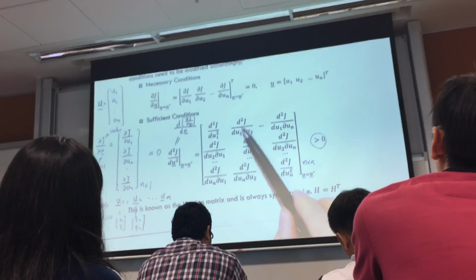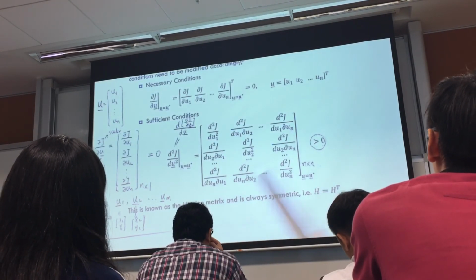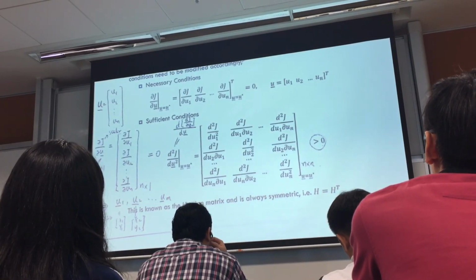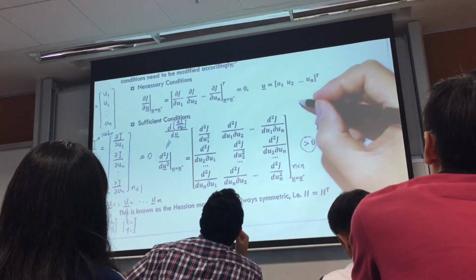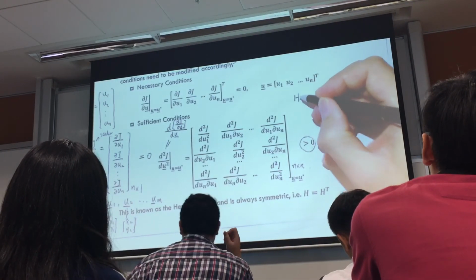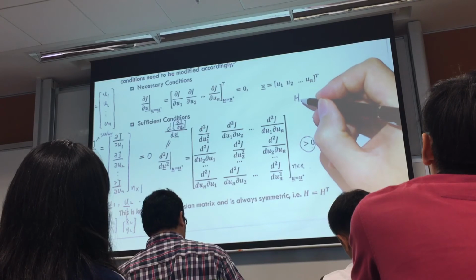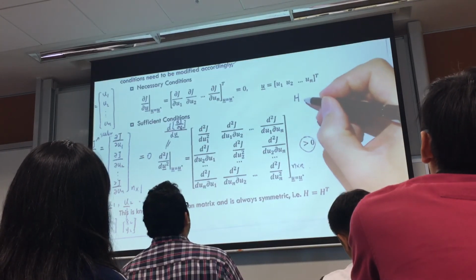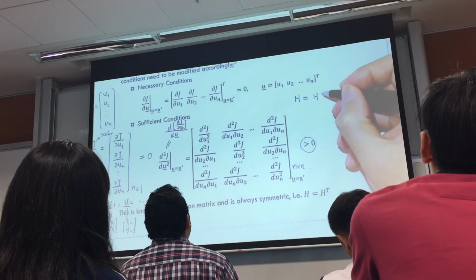That means these components are the same. So if a matrix H is symmetric, that means H equals H transpose.